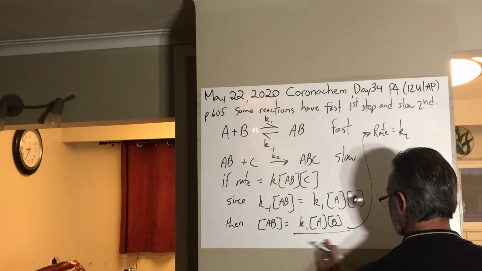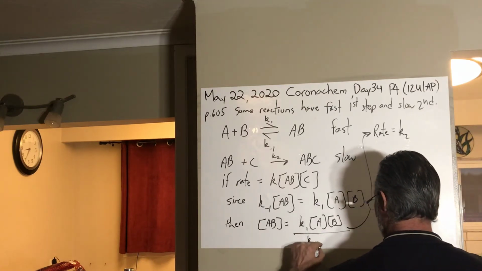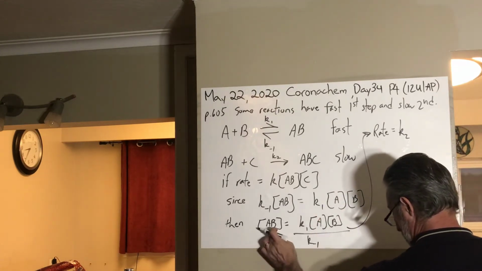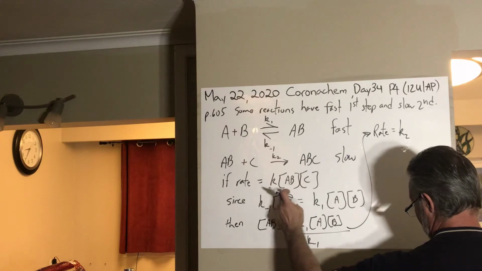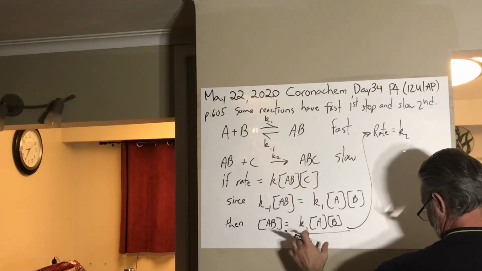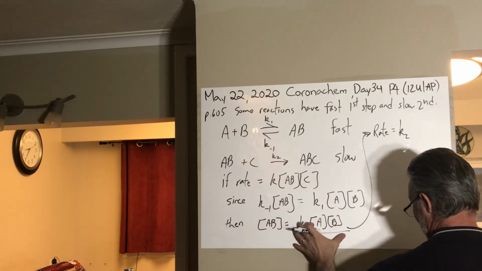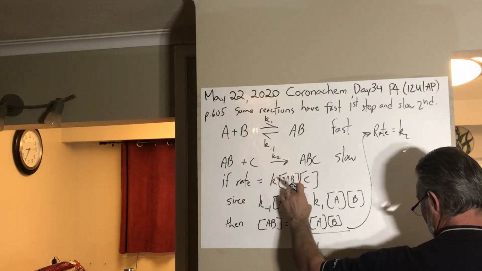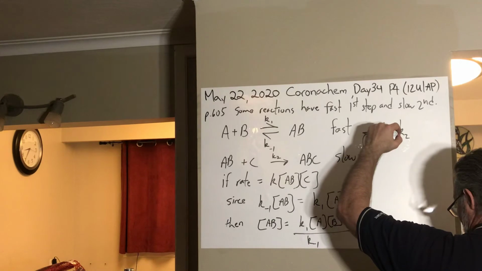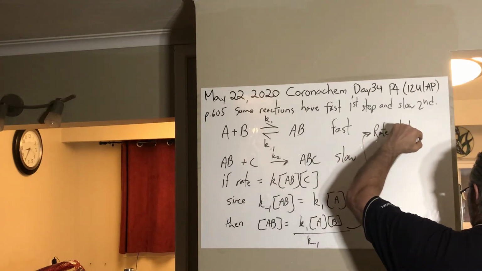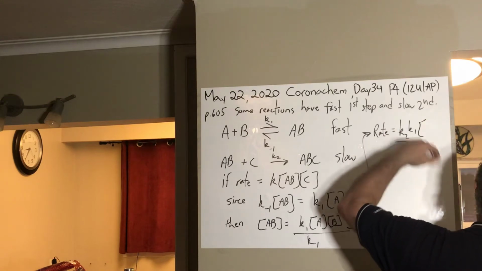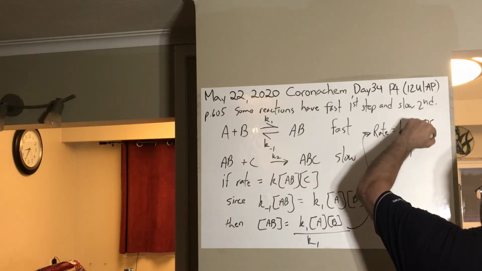Sorry, K to the minus 1 on the denominator. So this whole term can replace this. So if you substitute AB by that, then you can rewrite this equation with the AB substituted by this. So you're going to get K2 times K1 over K minus 1 times A times B times C.